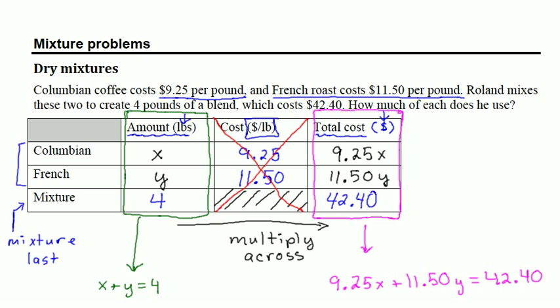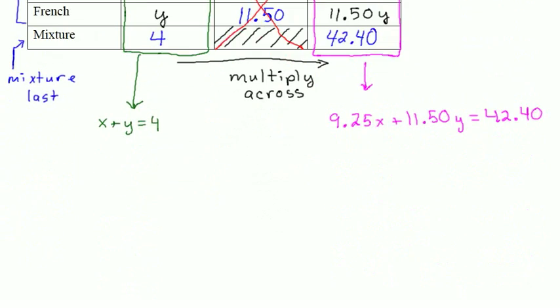So it's much easier to just make our equations out of the first and last column, and that does give us enough equations. And that's the same reason we weren't concerned about not having an entry for that last row in the middle column, because we're not going to use the middle column to make an equation anyway. We only fill in an entry there if we need it to figure out our total cost. So now we have two equations in two variables.